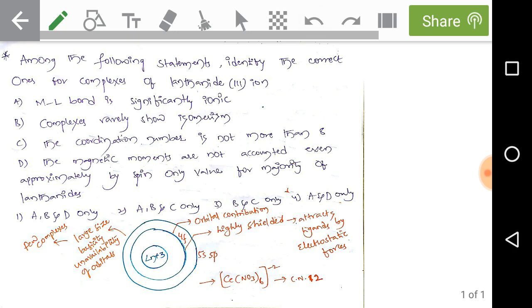So the orbital contribution is also there for magnetic moment calculations. That's why, to calculate the magnetic moments of lanthanide ions, we need to consider spin and orbital contributions. So the fourth statement is also a correct statement.